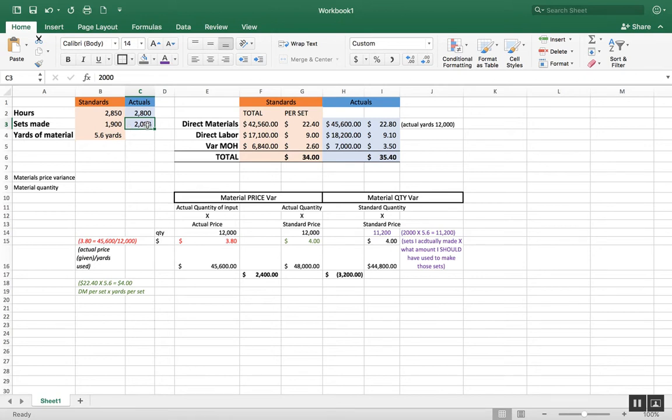Each of those seat covers, according to the standard, should have used 5.6 yards per set. So if we take 2,000 times 5.6, we come up with 11,200 yards. That stands for the amount of material that should have been used making the actual sets that we made.